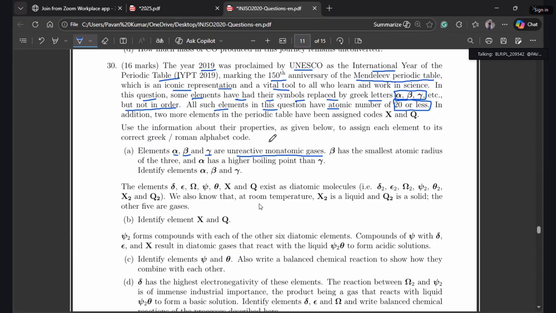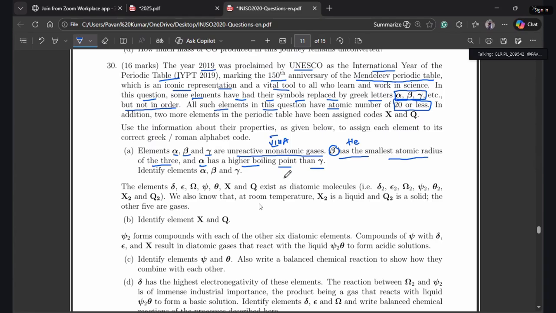Monoatomic is the hint that these are group 8A gases. Beta has the smallest atomic radius of the three, which means it is helium. Next, alpha has a higher boiling point than gamma.